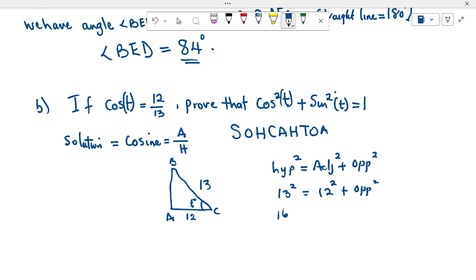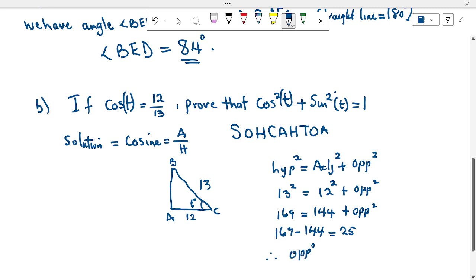Therefore, we have 169 equals 144 plus opposite squared. Bring this here. We have 169 minus 144. Somebody should do that for us. Just do it. It gives us what? 25. Therefore, we are saying that our opposite squared equals 25.